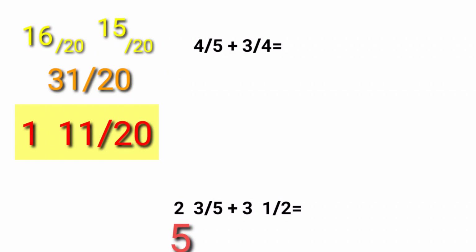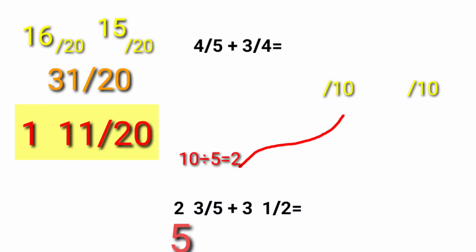Yung ating similar fraction. So, kunin lang ulit natin ang kanilang least common multiple. Yung pag nag-skip count tayo kung saan sila magtatagpo. The smallest number kung saan sila magtatagpo. And ang kanilang LCM is 10. So, divide lang ulit natin siya. 10 divided by 5. 2.